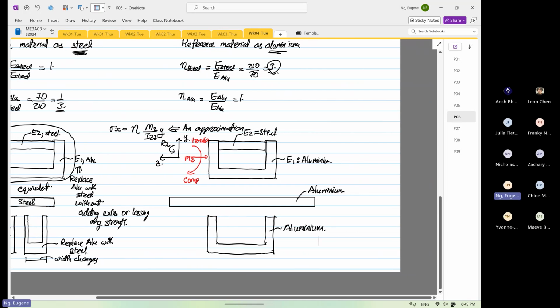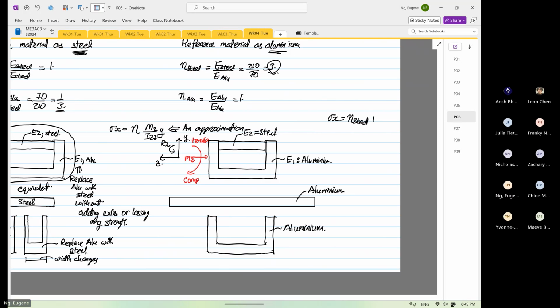Okay. So in order to calculate the stresses now, it's very straightforward. The formula to calculate stress X depends on what you're looking for. If it's in the steel portion, you use n times Mz over Izz multiplied by y. So this is in the steel section.